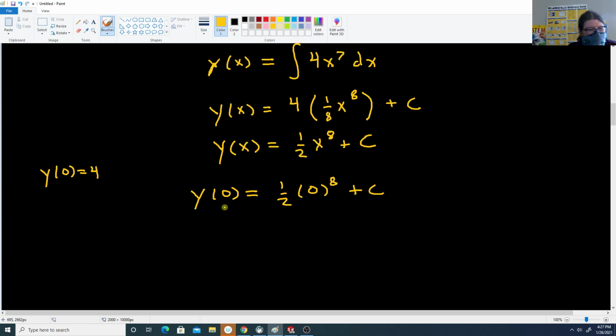So I'm evaluating y of 0. Y of 0 is supposed to equal 4. 0 to the 8th times a half is actually just 0. So I get 4 equals 0 plus c, which is just c. So I get 4 equals c, and then I can get my final formula.